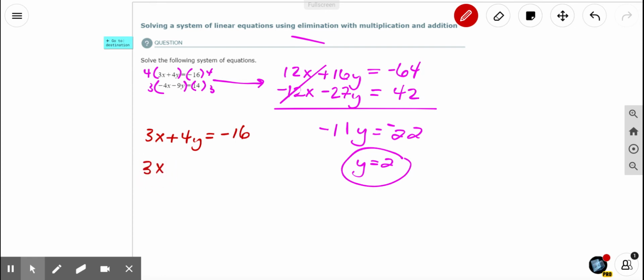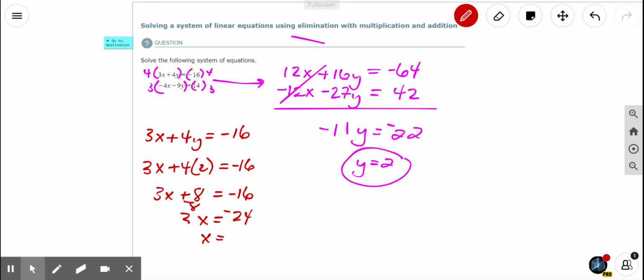So I go 3x plus 4 times 2 equals negative 16. 3x plus 8 equals negative 16. 3x equals negative 24. X is equal to negative 8. So the point is negative 8, 2.